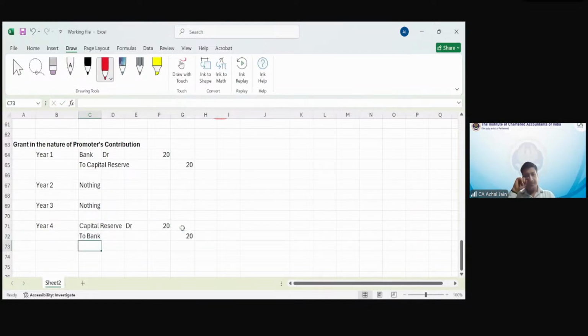Simple. Yes or no? Clear? Any questions, any doubts if you have, please let me know. Then we'll move on to some questions. So we'll pick up some questions. For that, if you have any questions, any doubts, please let me know.